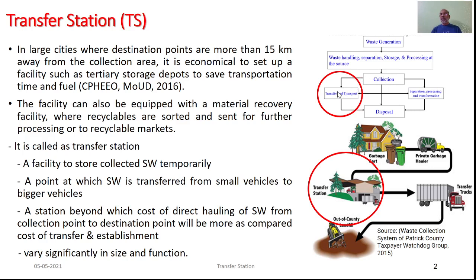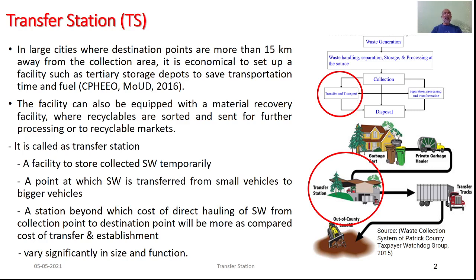Whereas, after doing whatever you want to do at this transfer station, the processed waste needs to be again transported to some processing facility, as well as even some disposal station. Hence, the transport part is inevitable, and that's why we deal with a variety of vehicles.